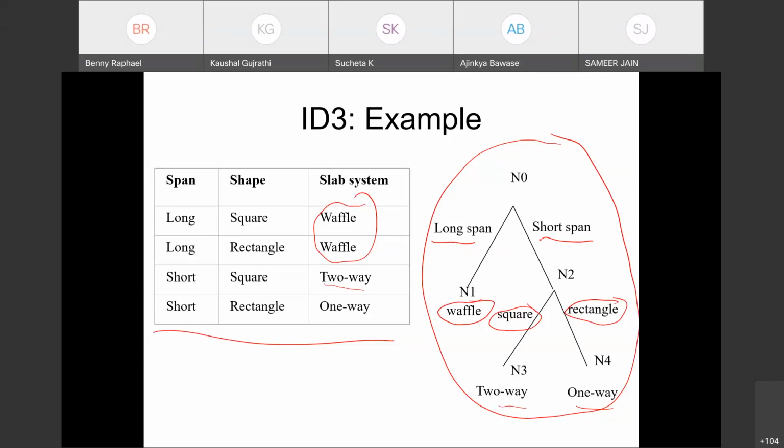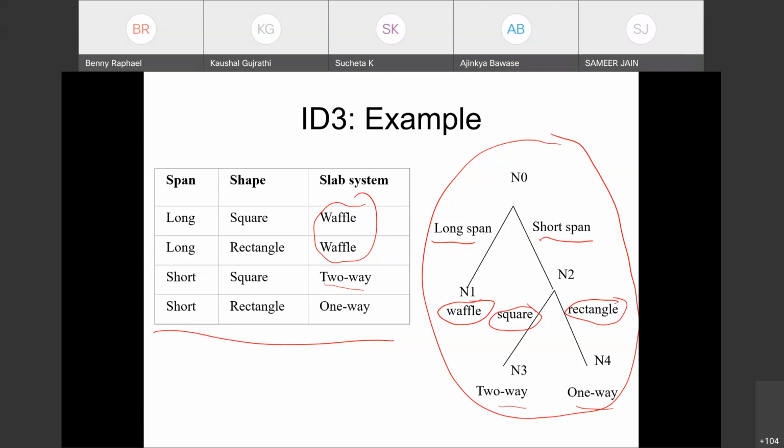Everything is exactly the same, a homogeneous subset. And the other subset has a mixture which consists of two-way and one-way. So you calculate the average entropy, and you will see that this is the variable which produces the maximum change in the entropy. So we select span as the variable to separate it into two subsets.